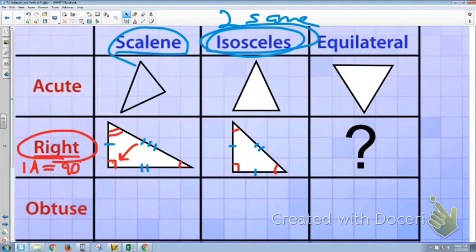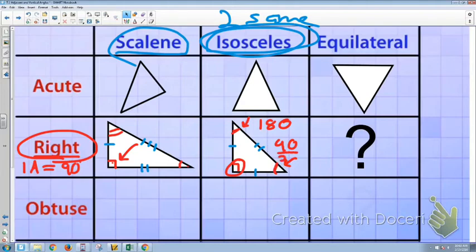Now, isosceles right triangles are special kinds of triangles as well. Because I know that the sum of the interior angles of a triangle always comes out to be 180 degrees, and I know that one of them is 90, that leaves me 90 degrees left to be distributed between this angle and this angle. But I know that this angle and this angle are equal to one another.